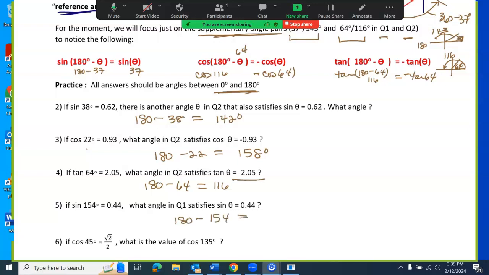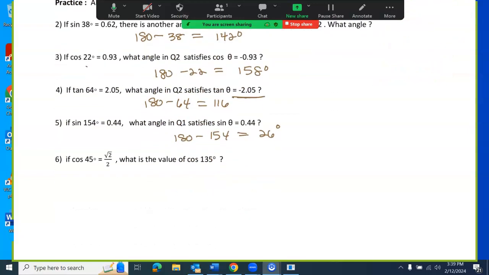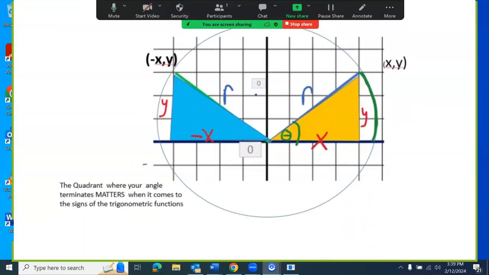And that angle in question will be 26 degrees. And lastly, if cosine is positive at 45, then the cosine in the second quadrant, which is its supplement, will be negative. So that's going to be negative root 2 over 2. Play with your calculator, see if you can get this.